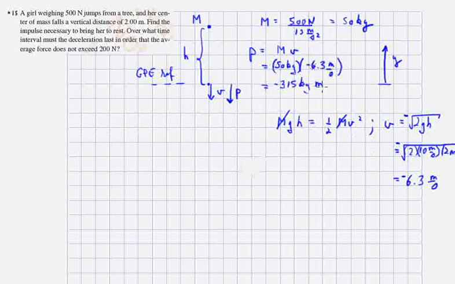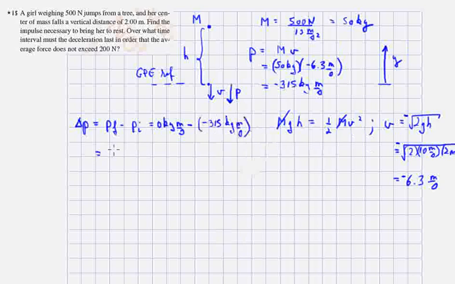kilogram meters per second. And the impulse necessary to bring her to rest is going to be p final minus p initial. Where her p final is going to be 0 kilogram meters per second, minus p sub i, well that's the p that I calculated here, minus 315 kilogram meters per second.